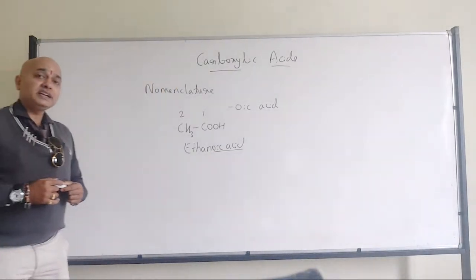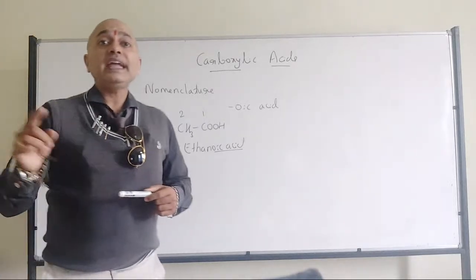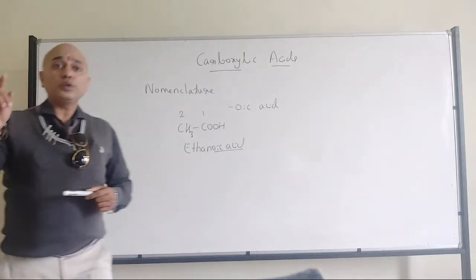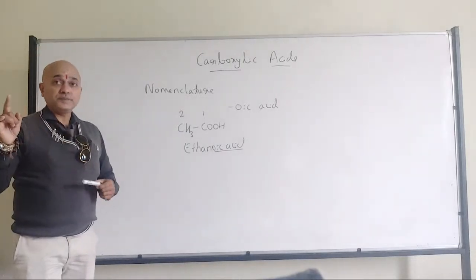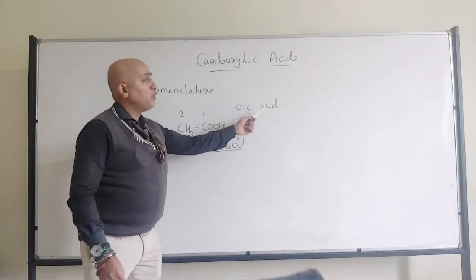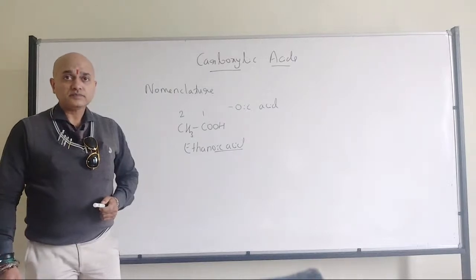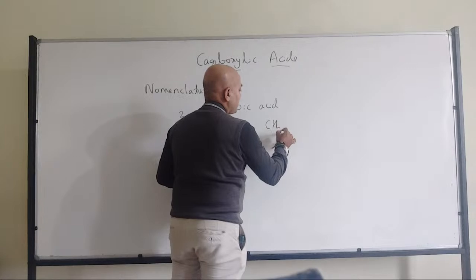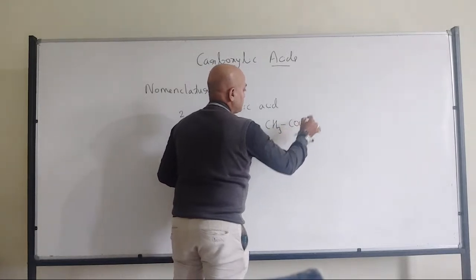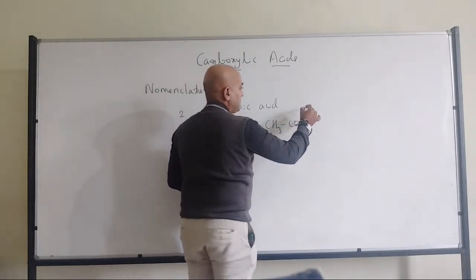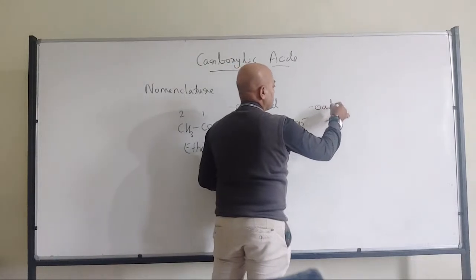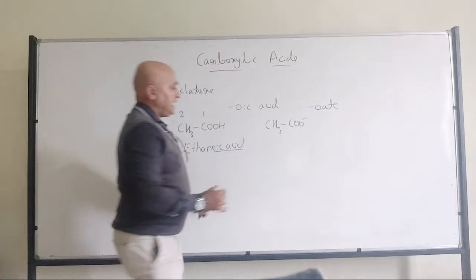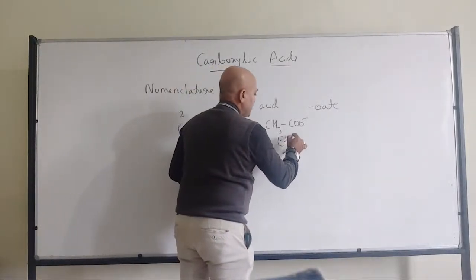So that's where oic acid. When it comes to aldehyde, it used to be al. When it comes to ketone, it used to be one. Here it will be oic acid. Okay? Now, if it is in dissociated form, then the name of the molecule should end with oate. That means ethanoate.